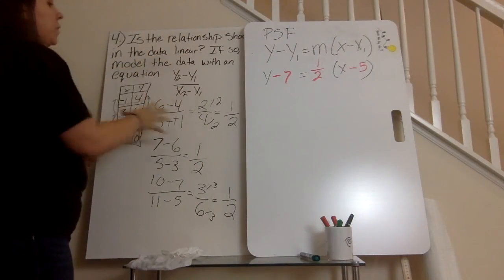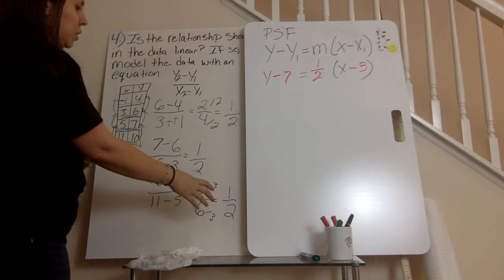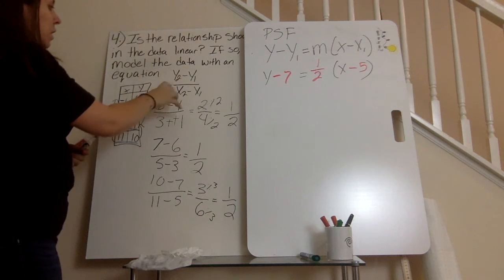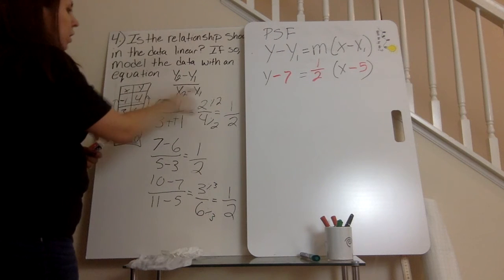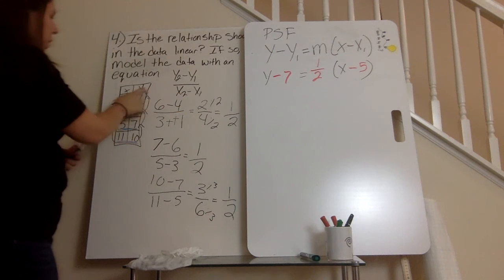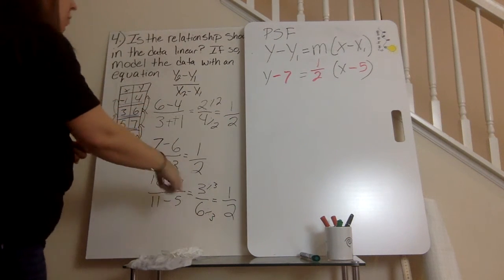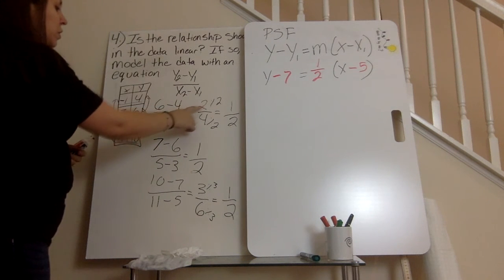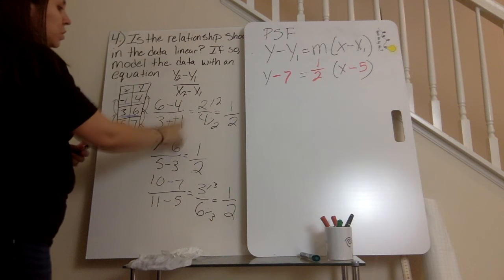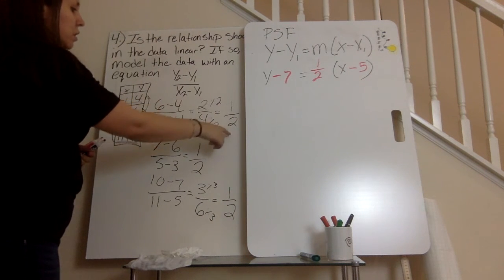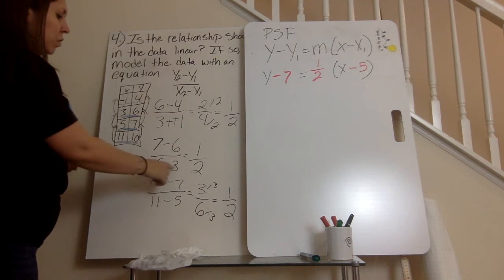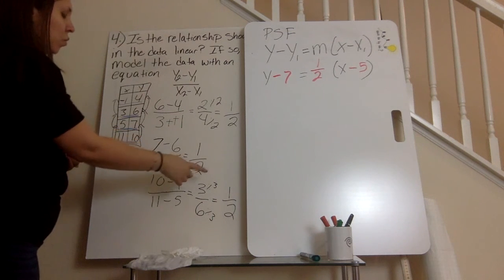We're trying to find if every slope is going to give us the same thing. So if I take the slope formula and do it for each pair, I should get the same thing if it's linear. Going up, 6 minus 4 is 2, 3 plus 1 is 4, so that does give me a half. 7 minus 6 is 1, 5 minus 3 is 2, so again, 1/2.